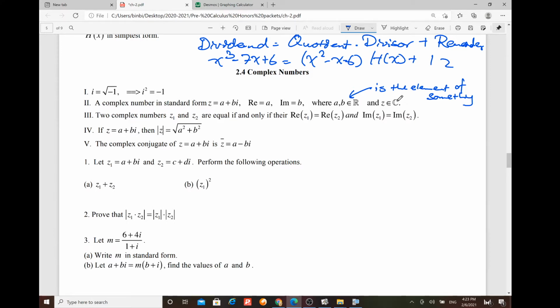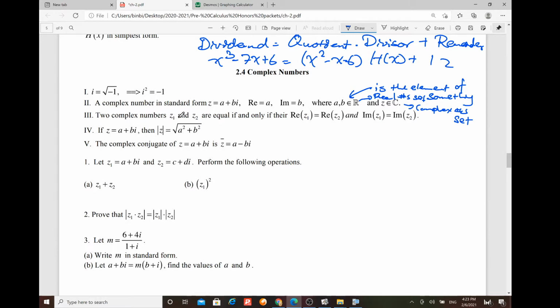You see the unbolded R is the real number set, and the unbolded C is the complex number set. So those are just the mathematical symbols I need you to know.